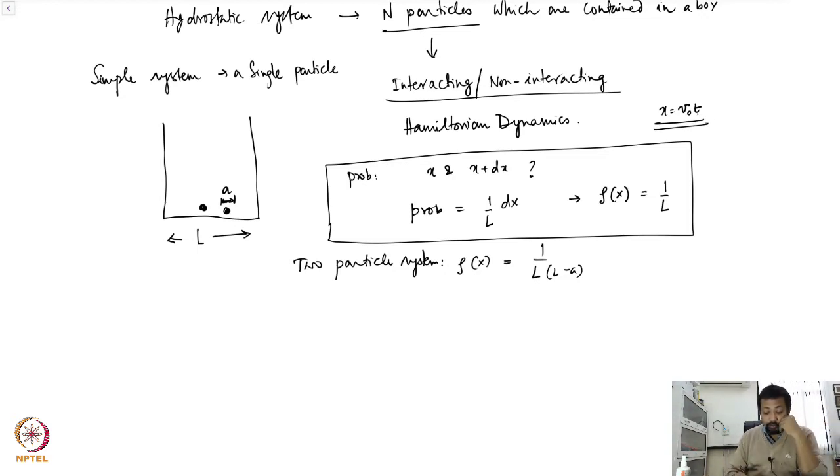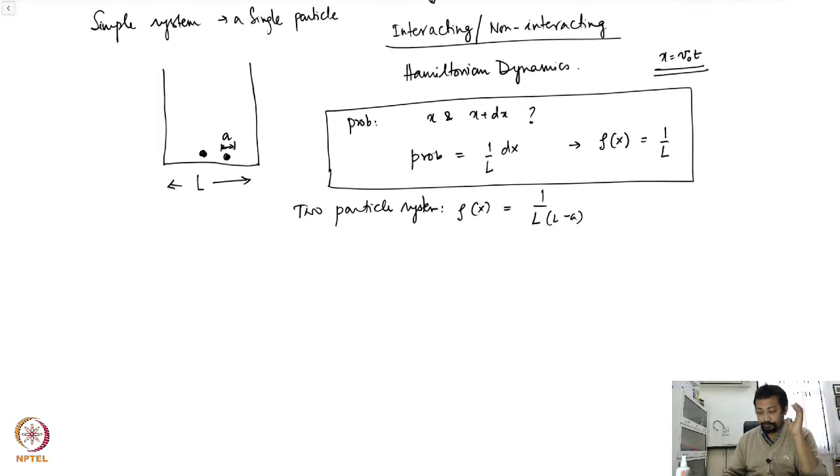But when you go to a two particle system, this question becomes non-trivial to answer. Then I can go to a three particle system where my probability density is going to be L minus A, L minus 2A.